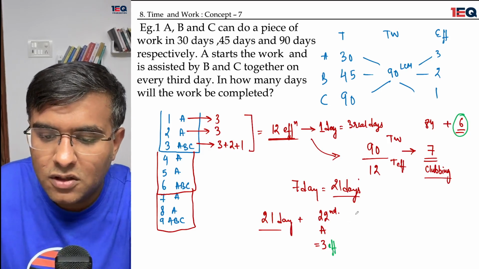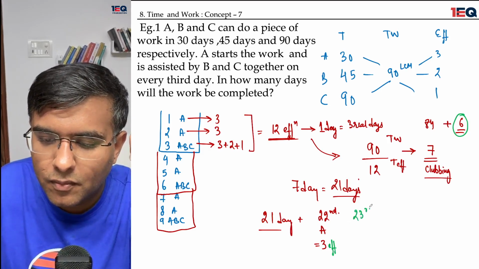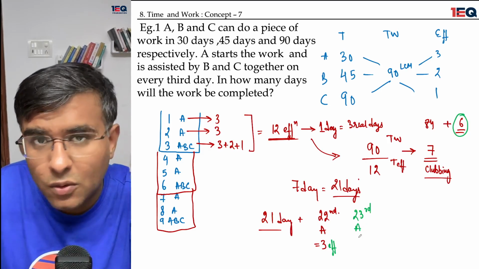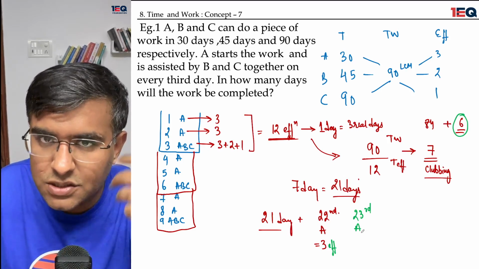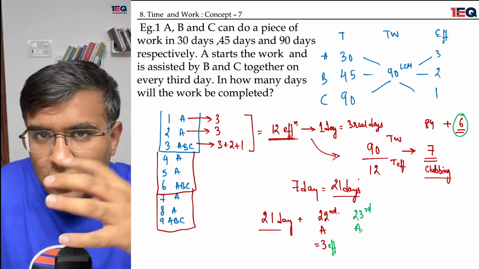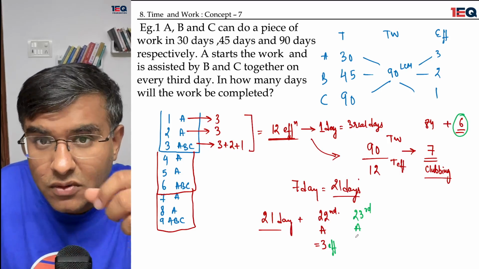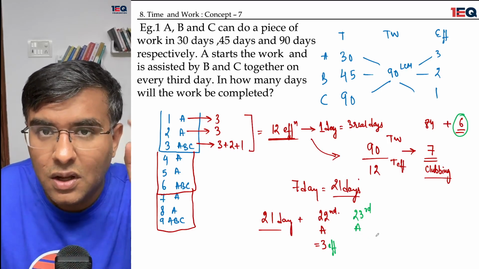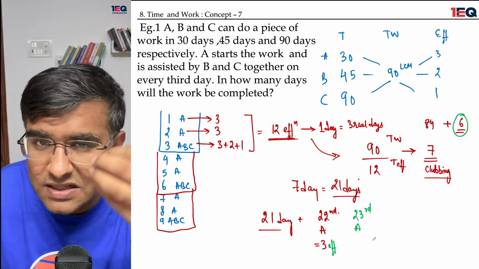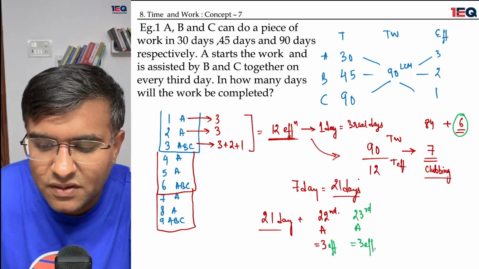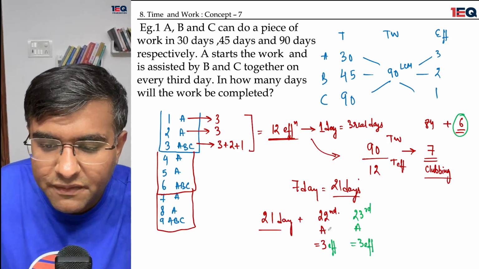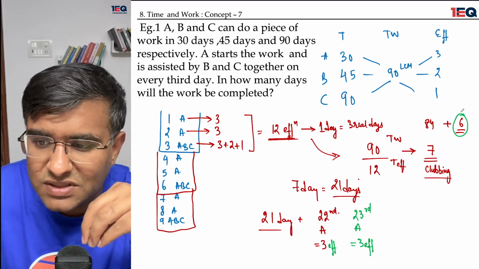Again, on the 23rd day, A is going to work alone. Why? Because in a series of 3 days, the trio work together, 3 people work together. On the 23rd day as well, A is going to work alone, and he is again going to supply his efficiency of 3. The efficiency which I was lacking was 6.